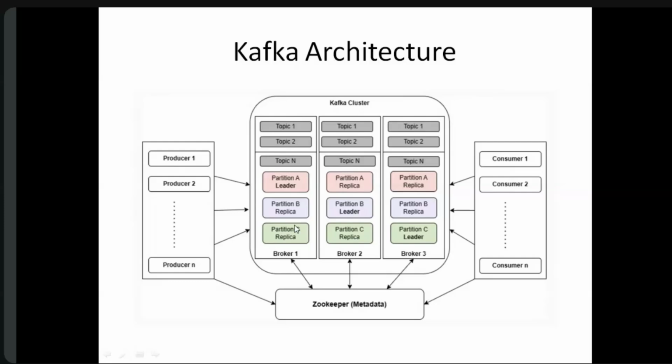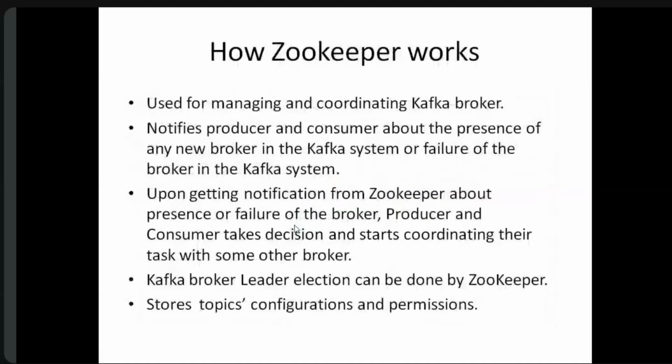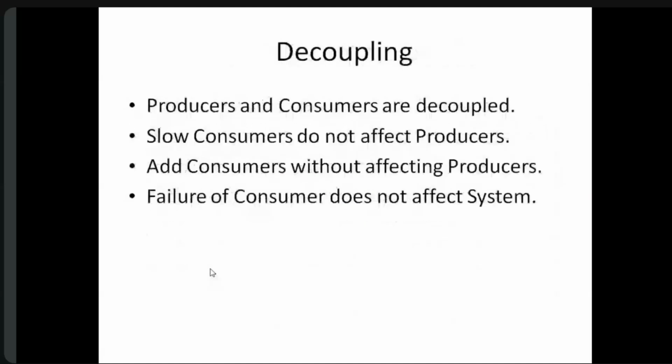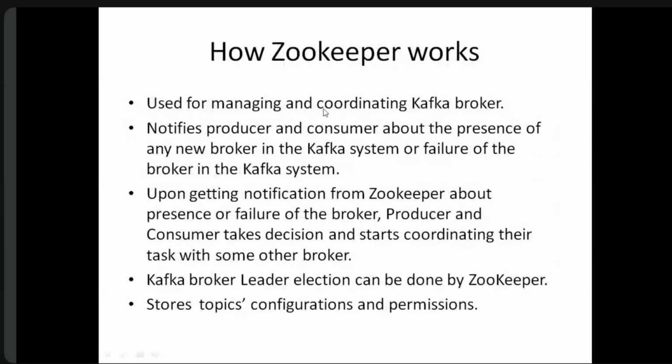This previous slide I will explain after this, I was skipping it for the time being. So point number 3 is upon getting notification from Zookeeper about presence or failure of the broker, producer and consumer take a decision and start coordinating their task with some other broker. Clear?